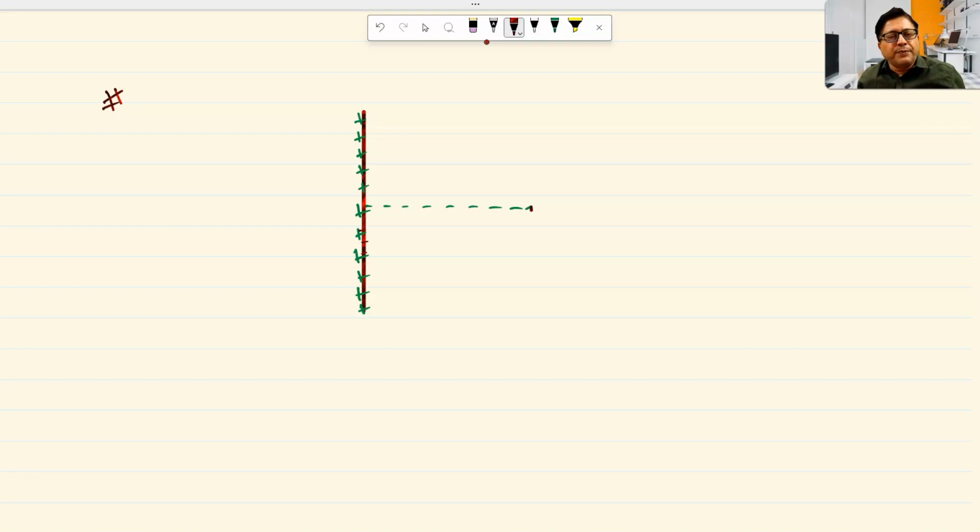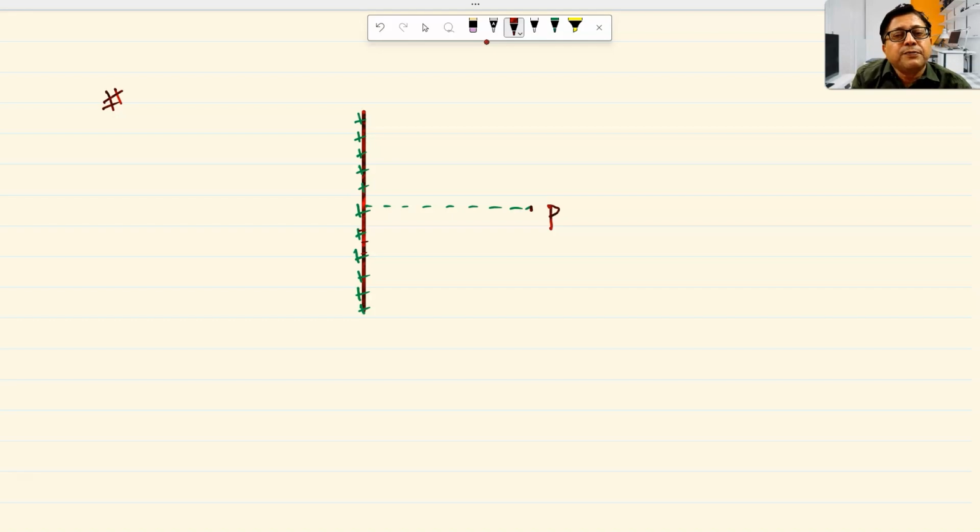We'll follow the principle: divide the rod into an infinite number of parts, find the field due to an elementary part, and then get the total by integration. But we have to take a strategy where, with respect to this point, the whole length of the rod is going to be covered. How do you do that?